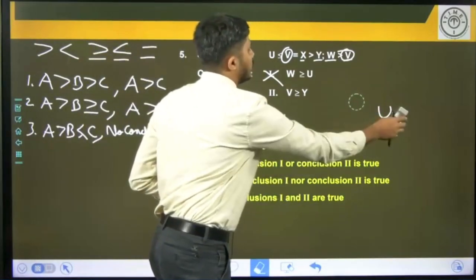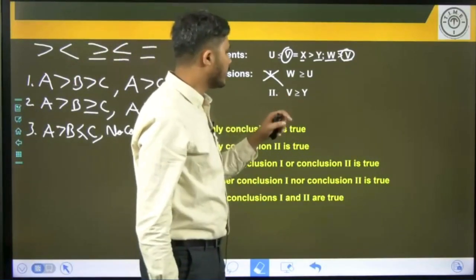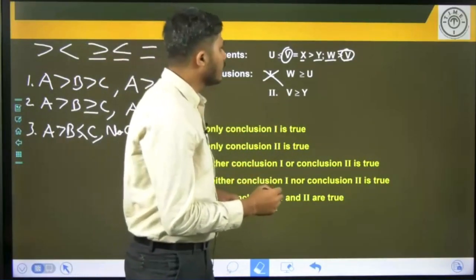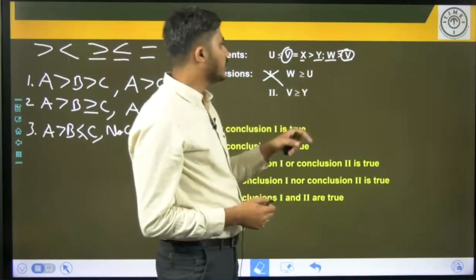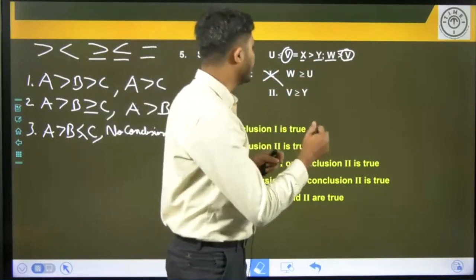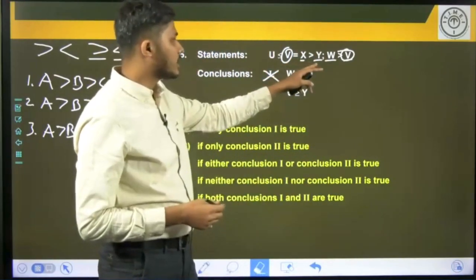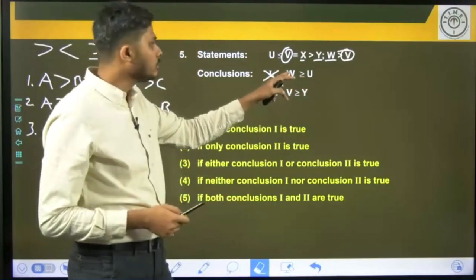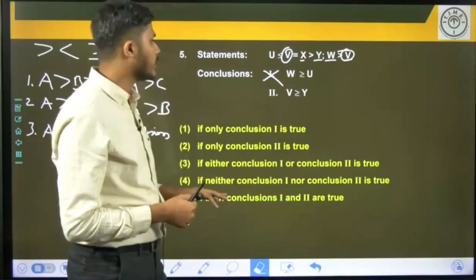So now let us look at the second conclusion. We are asked the relation between V and Y. Y is in the first statement, V is in the second statement. V and Y are in the same statements. So we do not need the second statement, only statement 1 is enough to solve this question.